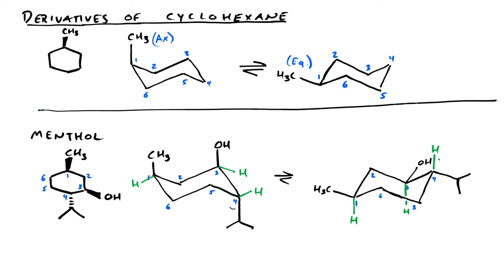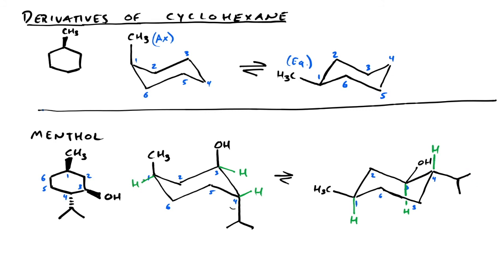If you begin in an equatorial position, after a chair flip, you're going to end up in an axial position. But note the, for lack of a better way to say it, upness or downness of any of these substituents has not changed. The methyl group is going up on carbon 1. It is still going up on carbon 1. The alcohol is going up on carbon 3. It is still going up on carbon 3. The isopropyl group is going down on carbon 4, still going down on carbon 4.